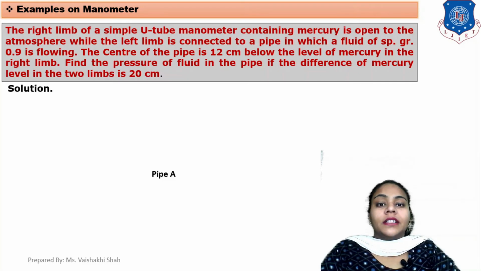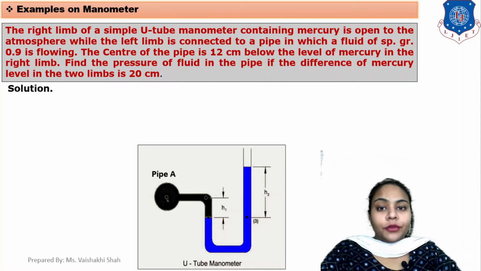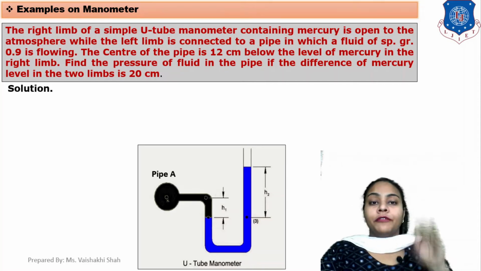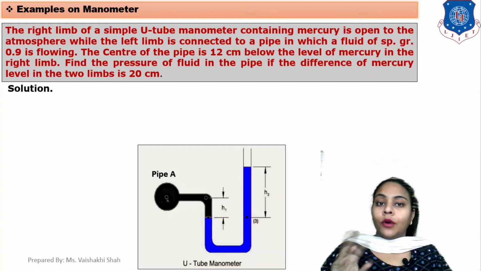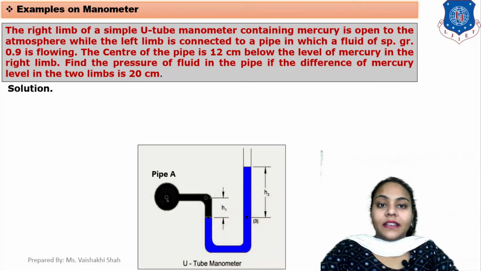Here, the manometer given to you is a simple U-tube manometer. In a simple U-tube manometer, mercury is filled in a U shape. One end is open to the atmosphere and the other end is connected to the pipeline, here pipe A indicated in the diagram.